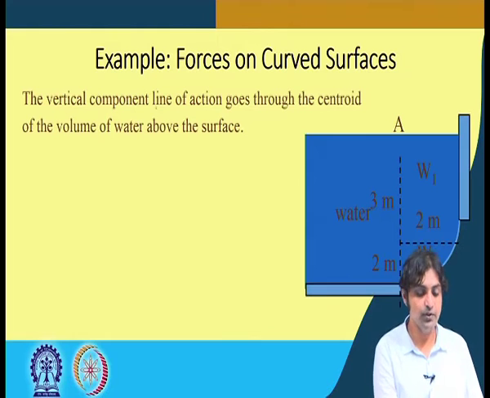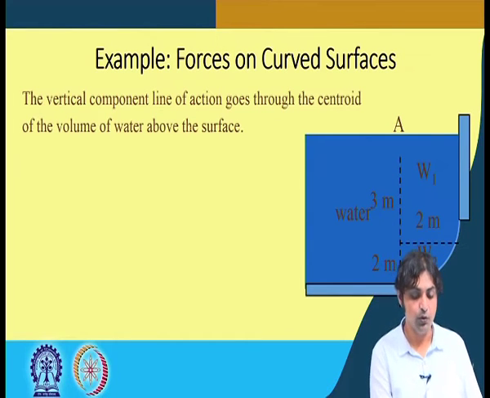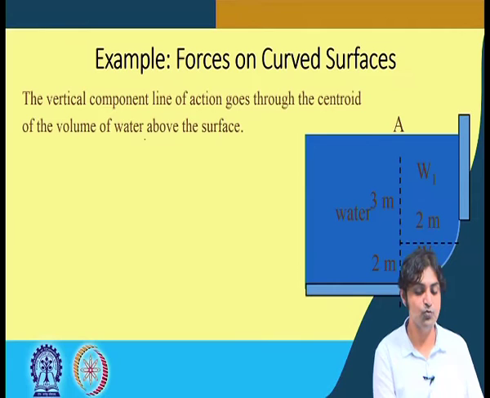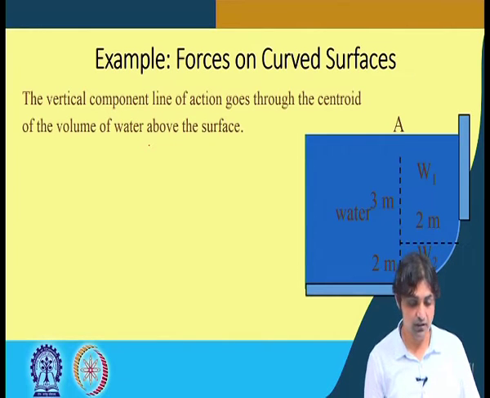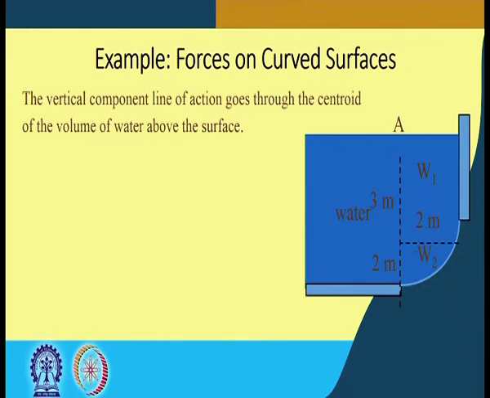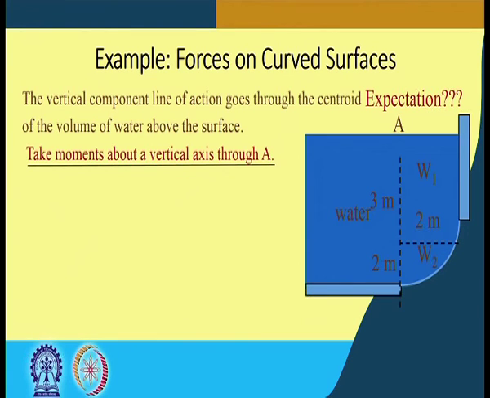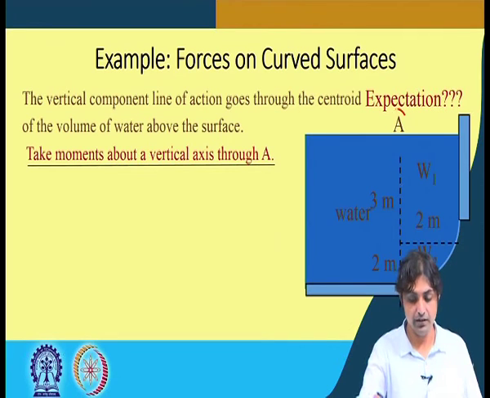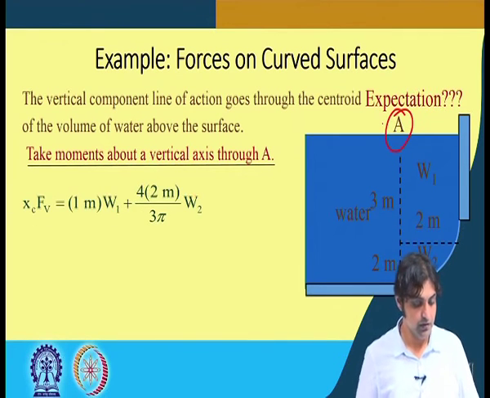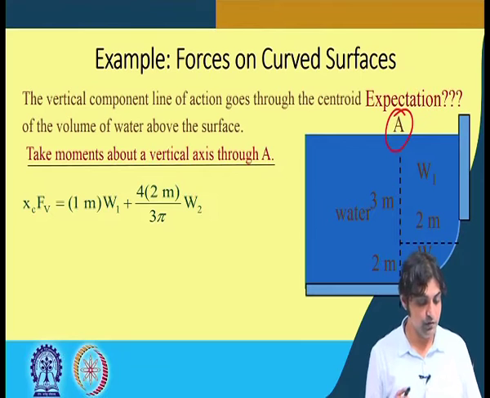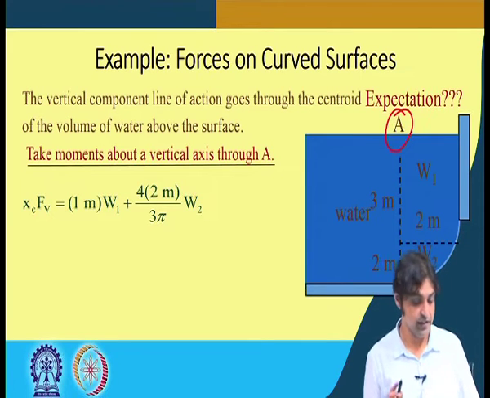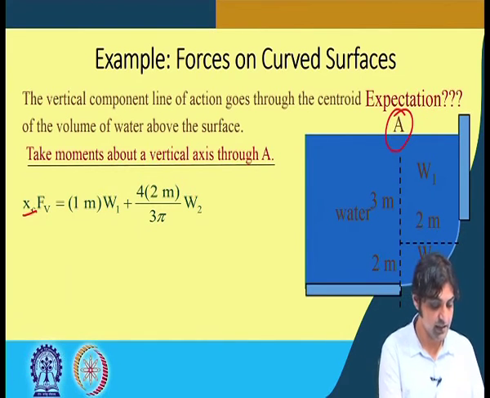The vertical component line of action goes through the centroid of the volume of water above the surface. Okay, and that is very understood, you know. So this is A. Now we have to take moments about the vertical axis through A here. Okay. So if we want to find out the line of action, that is XC, XC we know already, right?